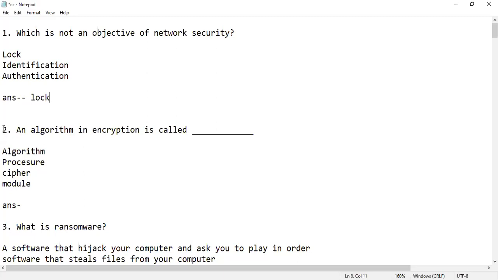The second question is, an algorithm in encryption is called what? What will be the answer for the second question?